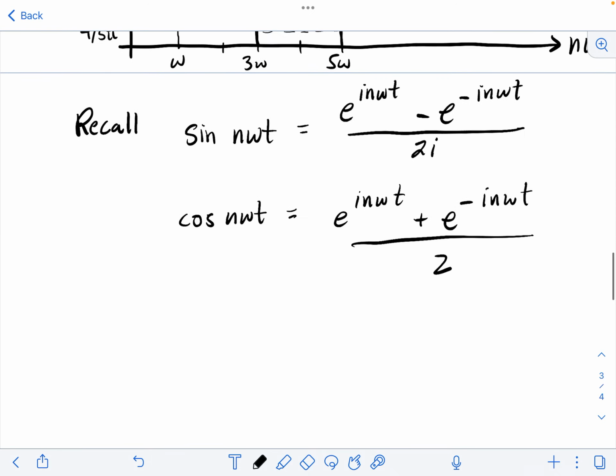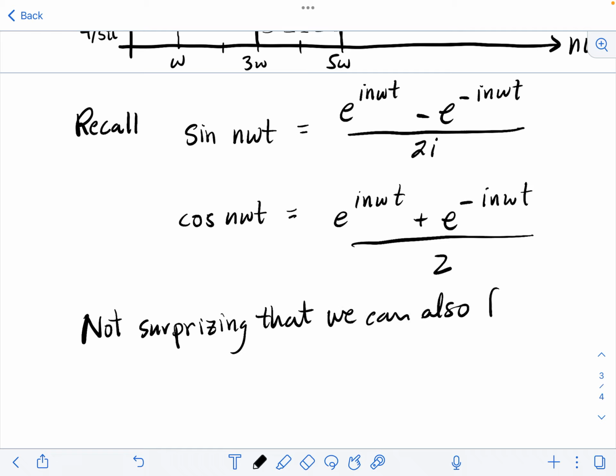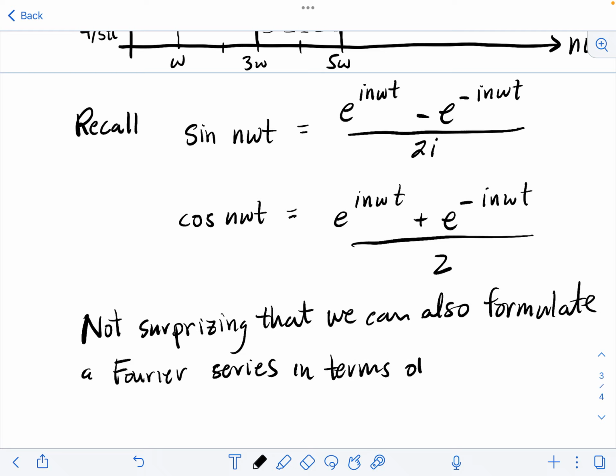So it's not surprising that we can also formulate a Fourier series in terms of complex exponentials.